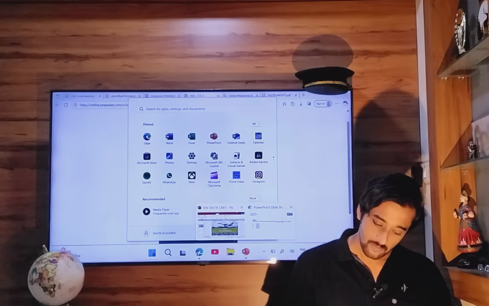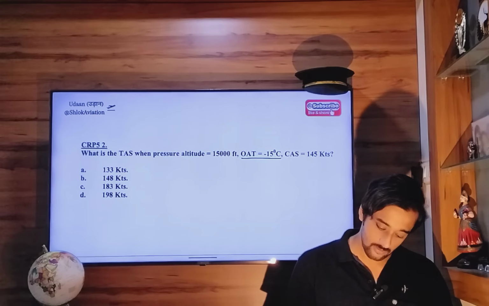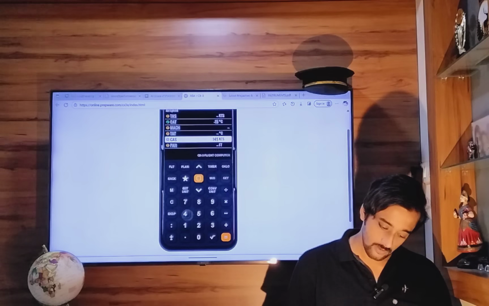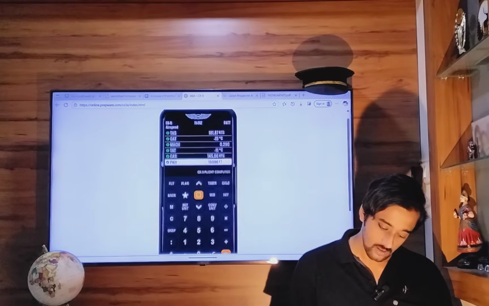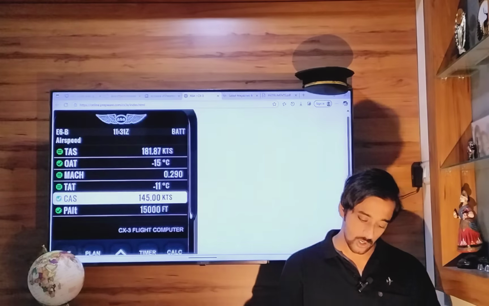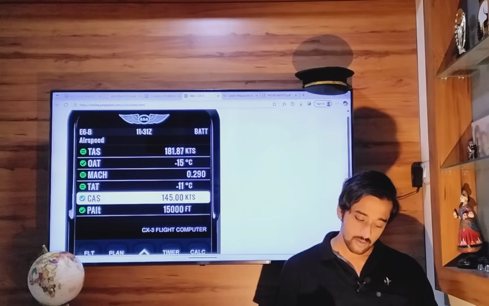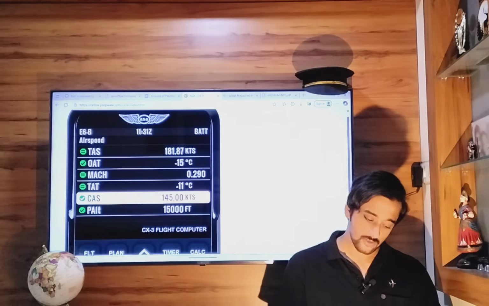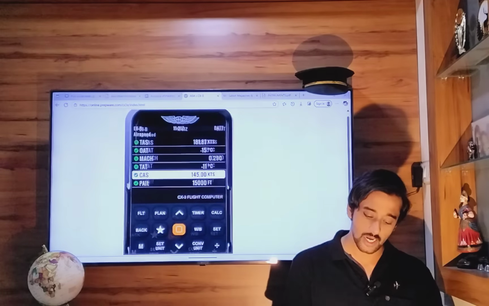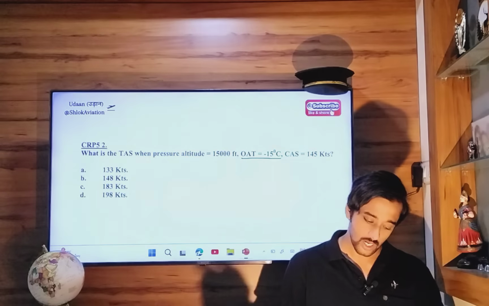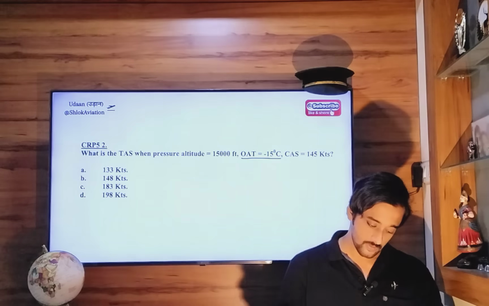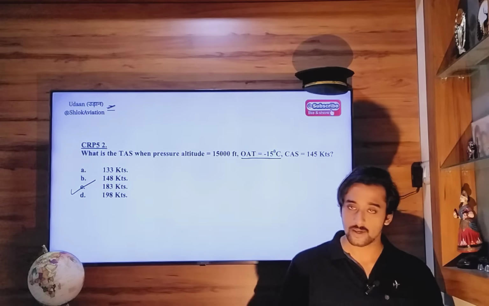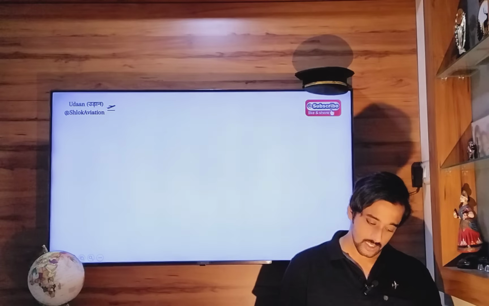CAS 145 and 15,000. Check the values. Pressure altitude 15,000, calibrated airspeed 145, outside air temperature minus 15. So true airspeed is approximately 182 knots. So option Charlie.